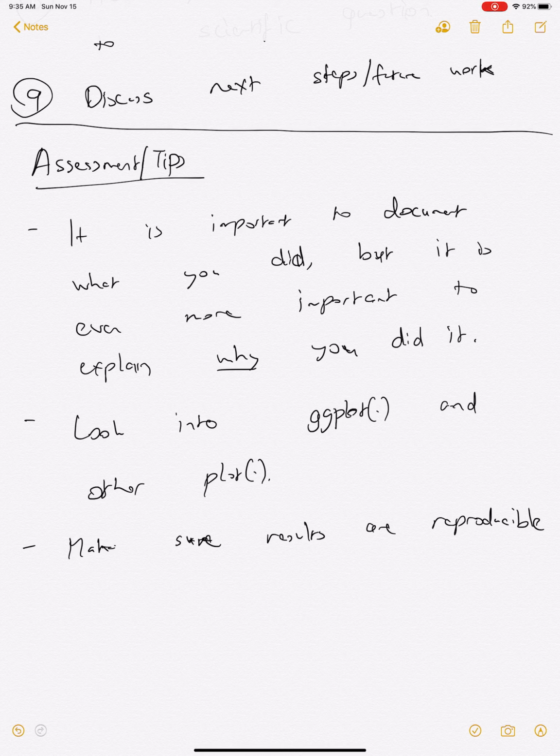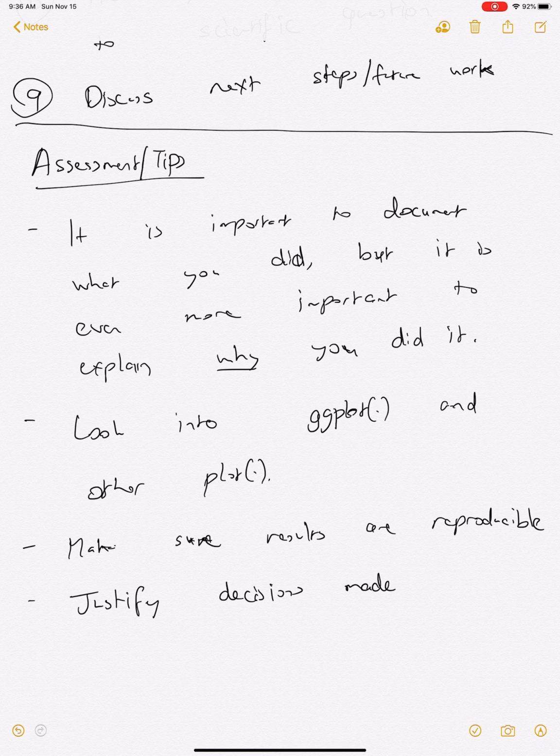And yes, as I've already mentioned, justify any decisions you made. There usually is more than one way of doing things, and so it's very important that you justify why you do what you do. For example, why did you normalize the data in a particular way? Why did you choose to run this algorithm rather than a different algorithm? Just all of those things.